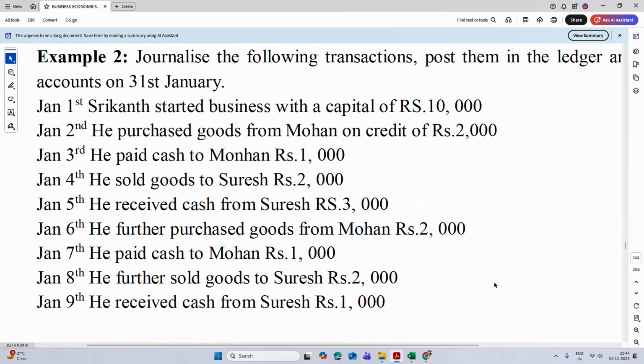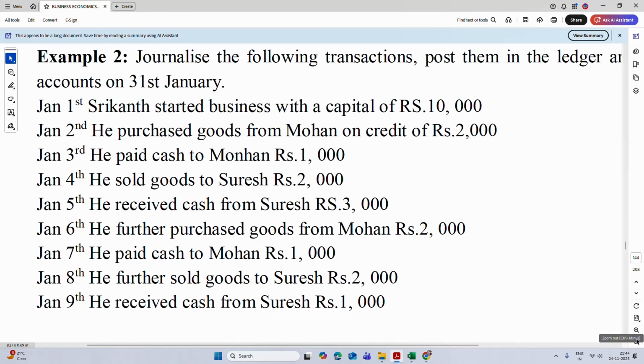Jan 4th, he sold goods to Suresh rupees 2,000. Jan 5th, he received cash from Suresh rupees 3,000. Jan 6th, he further purchased goods from Mohan rupees 2,000. Jan 7th, he paid cash to Mohan rupees 1,000. Jan 8th, he further sold goods to Suresh rupees 2,000. And Jan 9th, he received cash from Suresh rupees 1,000.